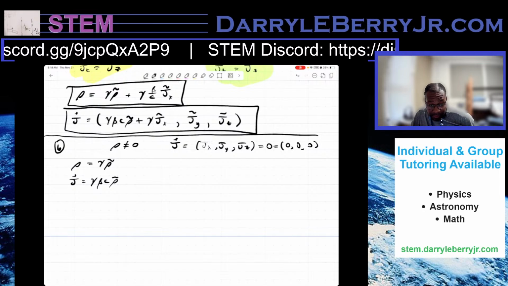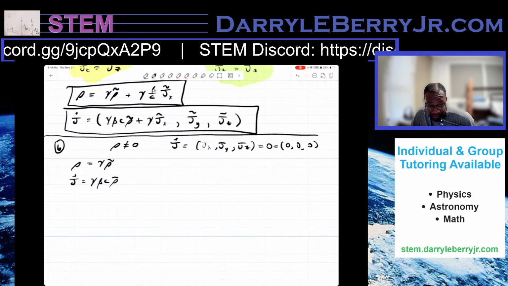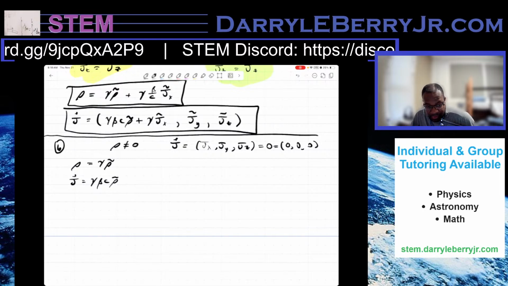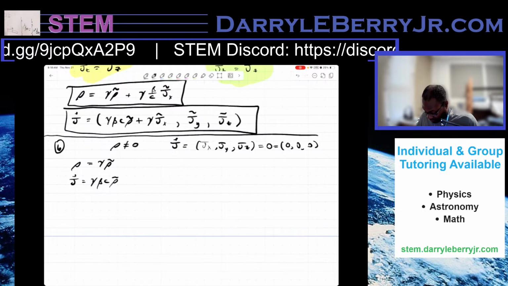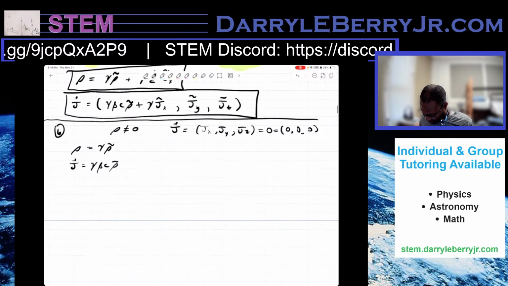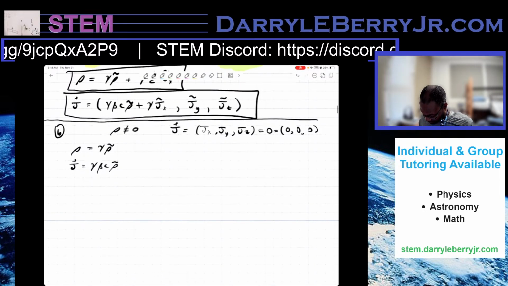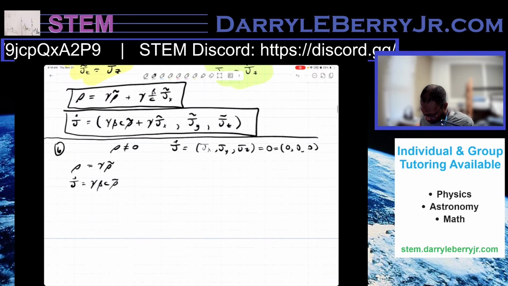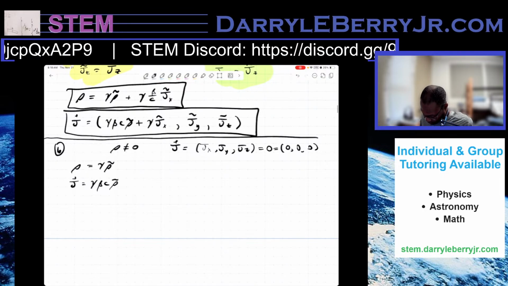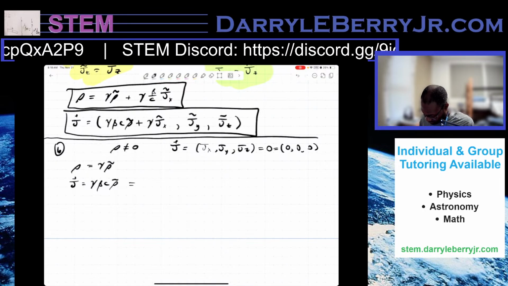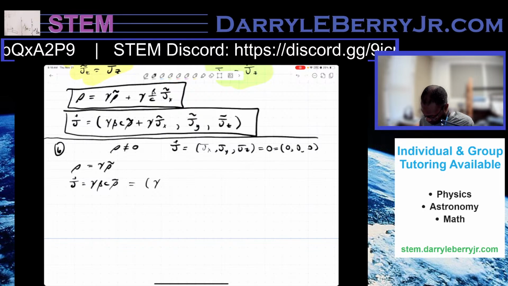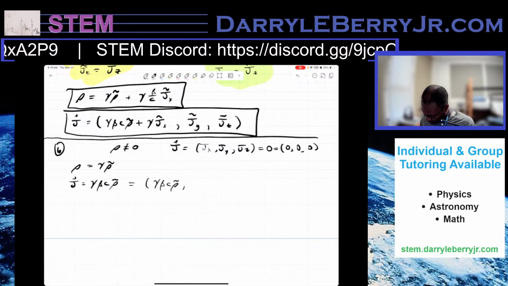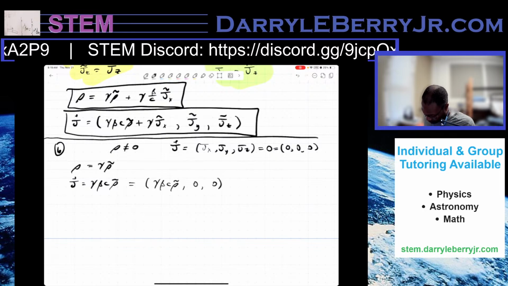Hold up. Suppose ρ and J in the other frame. Okay, so that's that. And it says show that J equals ρv. So this is going to be 0.